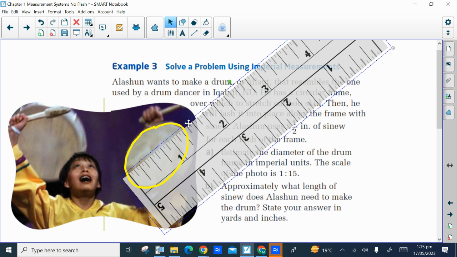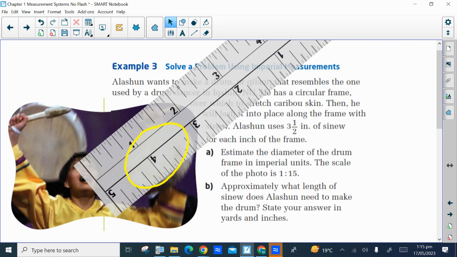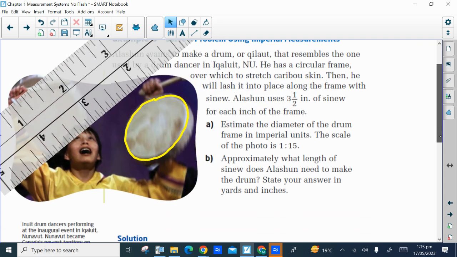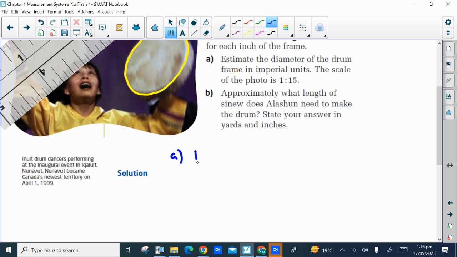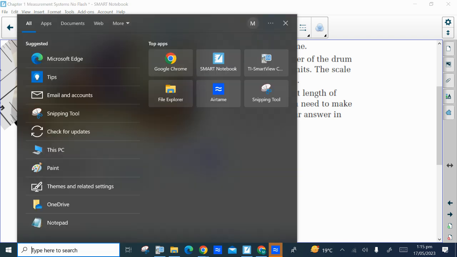That's what we get. 1 and 5/16 of an inch. So for part A, 1 and 5/16 of an inch is the diameter of the drum.